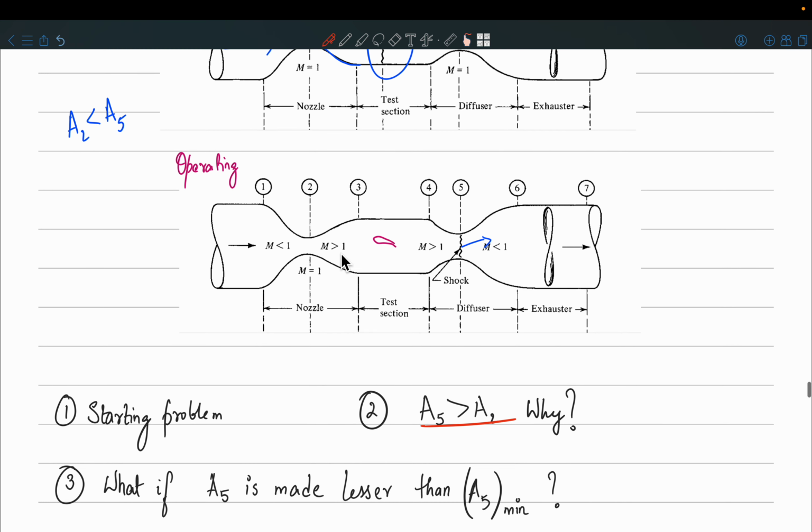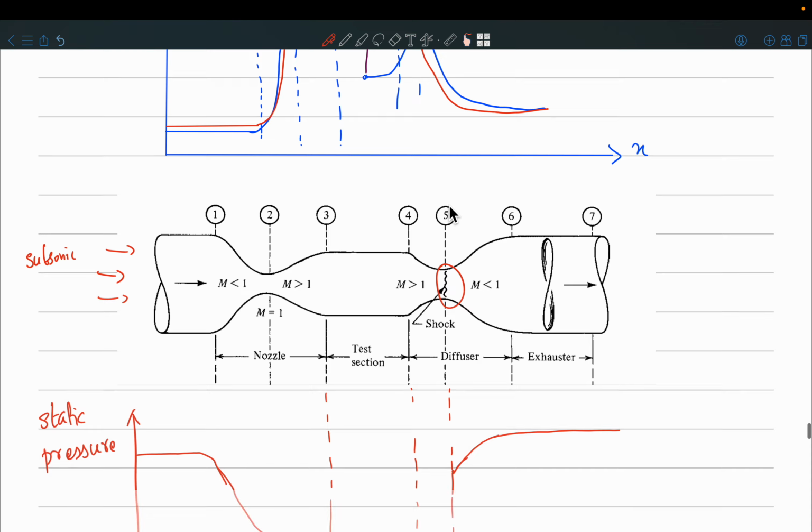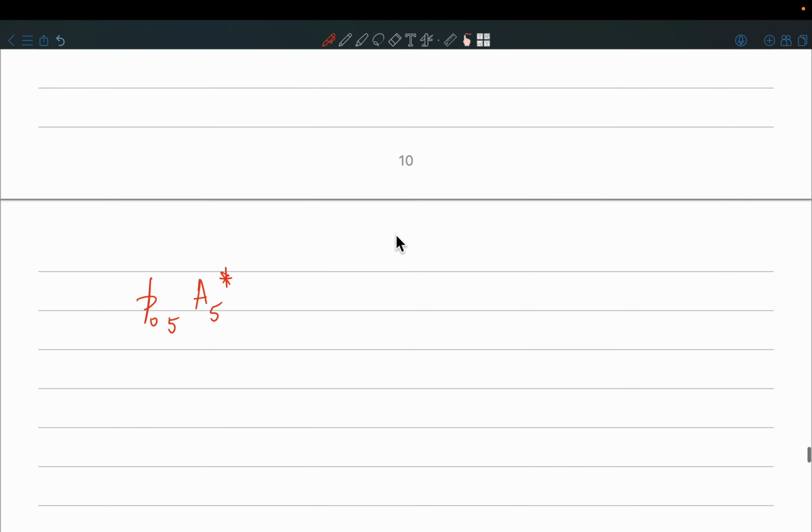When it is in the operating condition, then 1, 2, 3, 4, they will have the same P naught and same A star, and just after, I will call this 5. So just after the shock, 5, 6 will have the same P naught and A star, isn't it? So I have to compare 5 and 2. I can write this relation: P naught 5 A5 star is equal to P naught 2 A2 star.